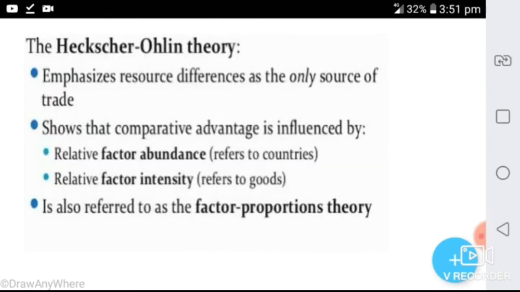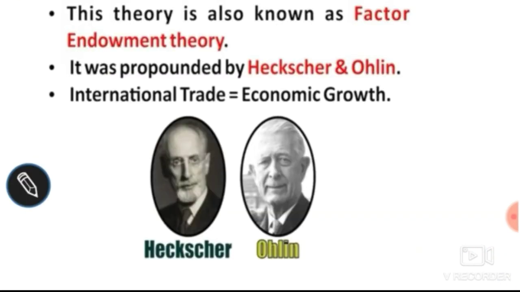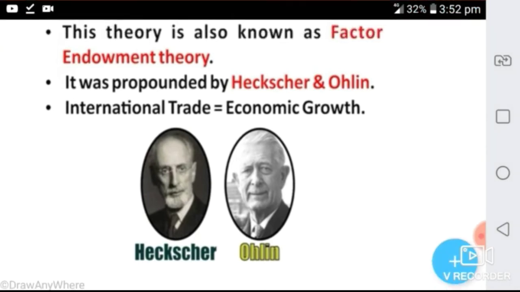Next theory, Heckscher-Ohlin theory. It is also called HO theory, Heckscher and Ohlin theory. This is one of the most important models of international trade. Another name refers to factor proportion theory, and it is also called the factor endowment theory.